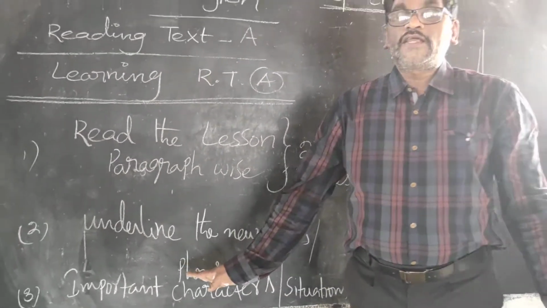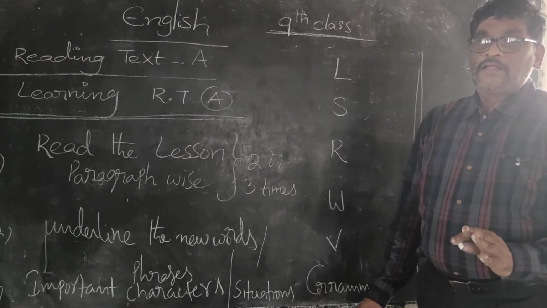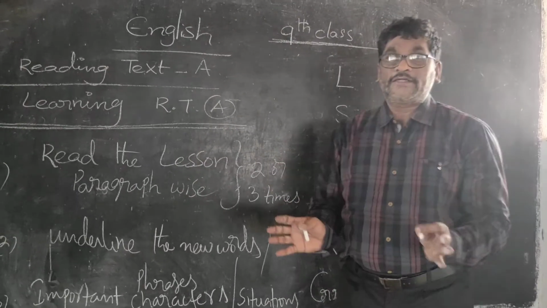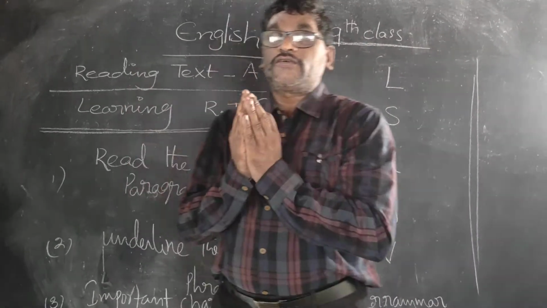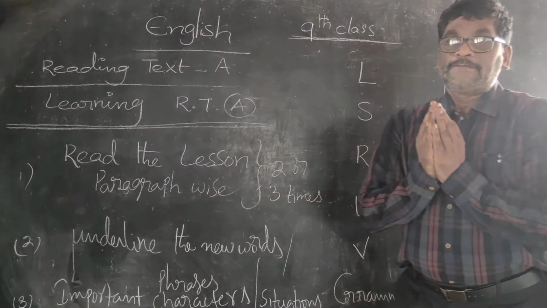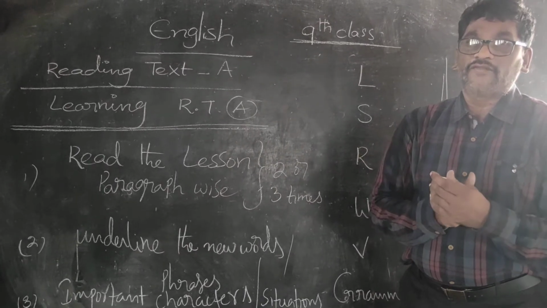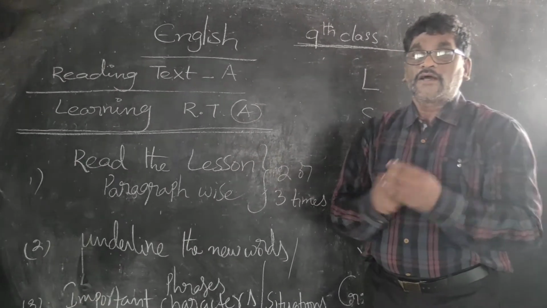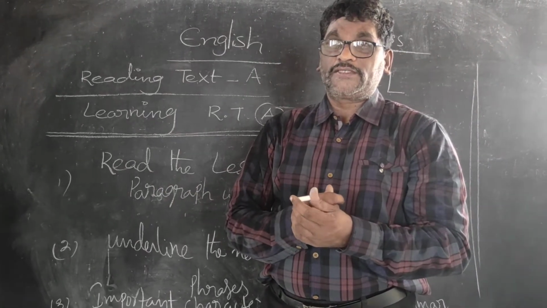This is also very important while you are reading the lesson. Identification of the important characters and identification of the important scenes and important situations in the lesson, for your better clarification, better understanding of the lesson. Because comprehension passages are very important in public examinations.